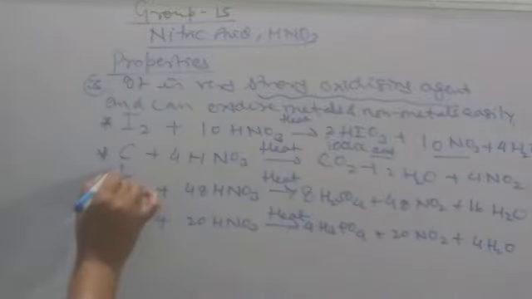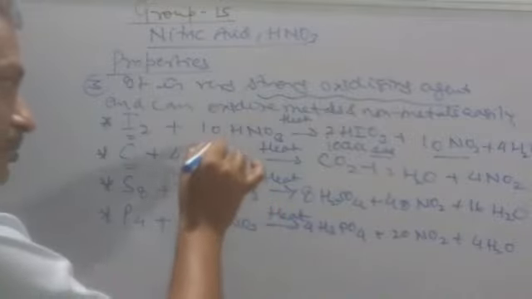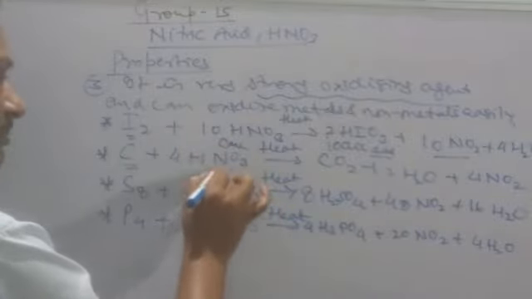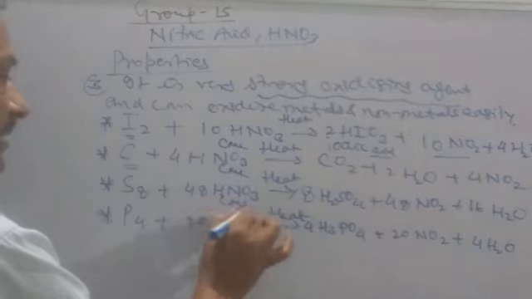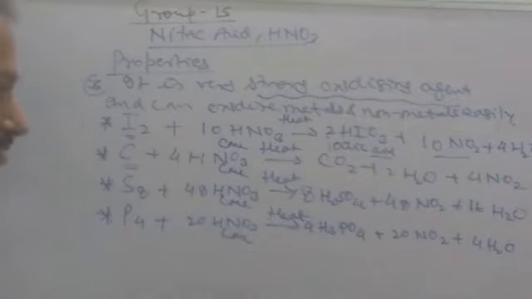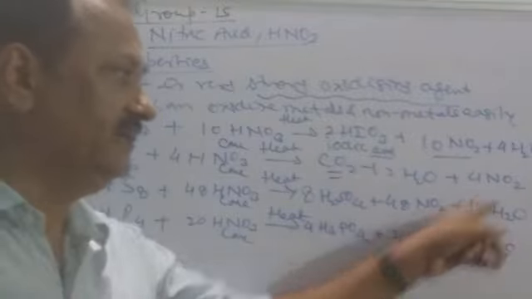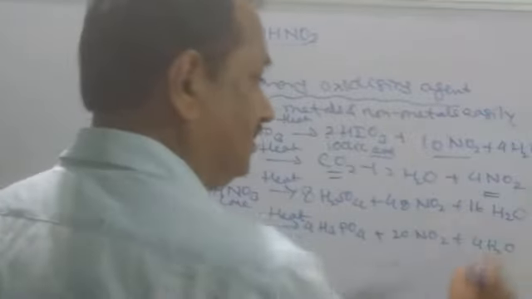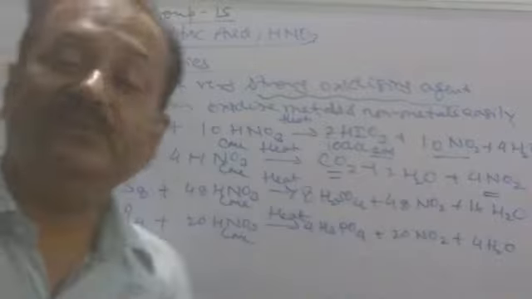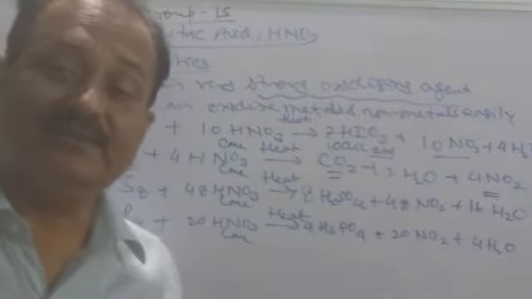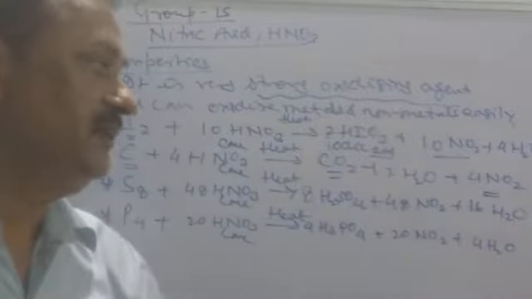Similarly, carbon or graphite can be taken with heating. You have to keep in mind, all are concentrated and they have to be heated. So there is formation of CO2, water and this NO2 gas. See, the oxidation number of nitrogen has changed. When you take concentrated nitric acid, then there is formation of NO2.